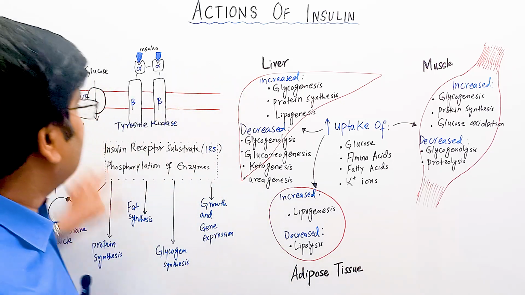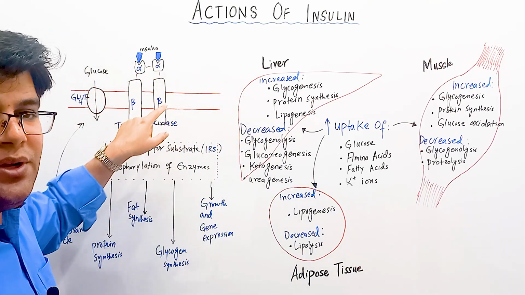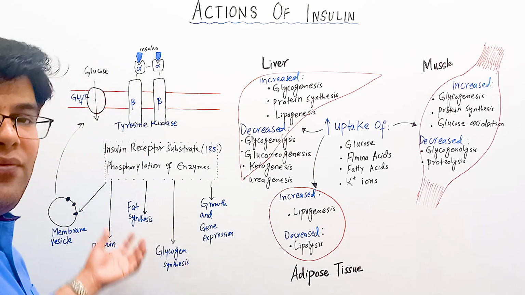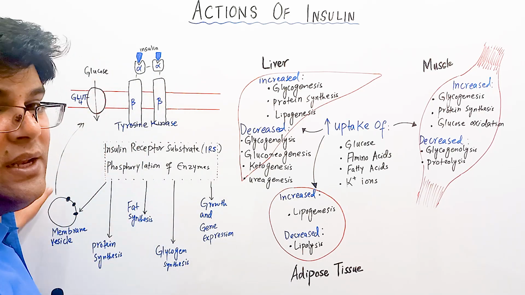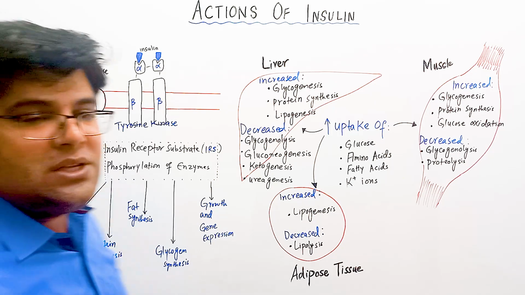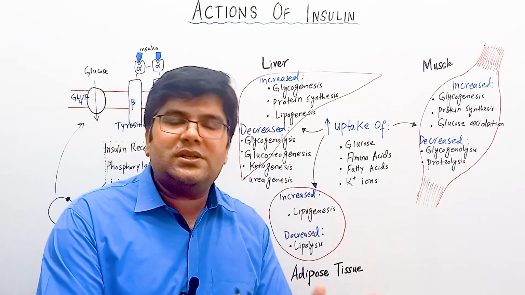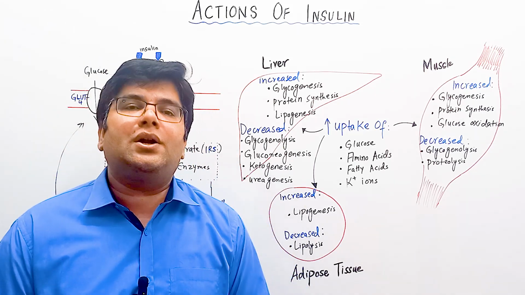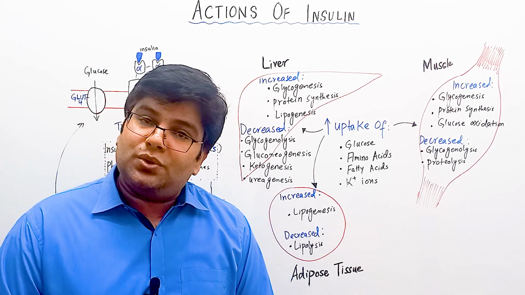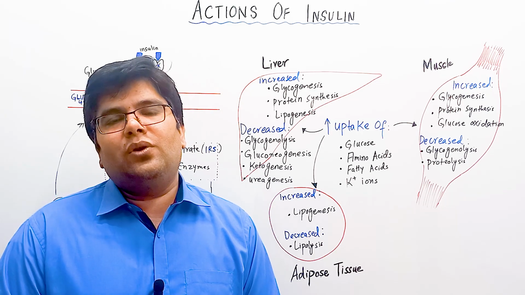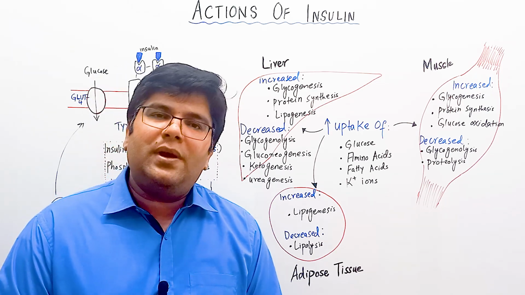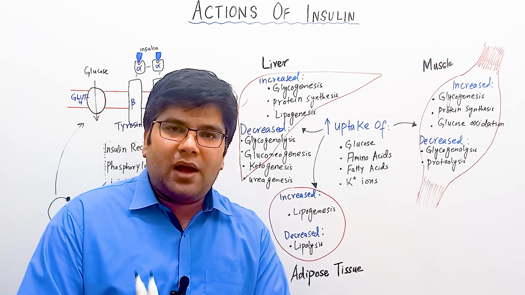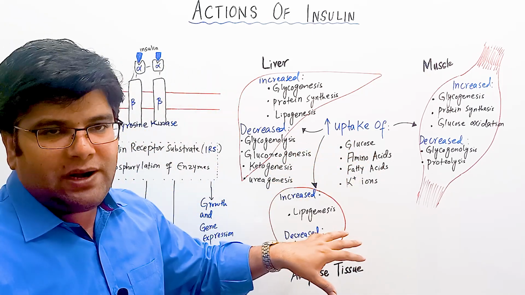Very quickly after this activation of the receptor, the GLUT4 transporter is translocated from inside of the cell using the vesicle into the cell membrane, and this increases the entry of glucose into the skeletal muscle and adipose tissue. Please keep in mind, adipose tissue and skeletal muscle are two insulin dependent tissues where diffusion of glucose needs the requirement of insulin. Insulin is an anabolic hormone, and this affects the carbohydrate, lipid and protein metabolism.